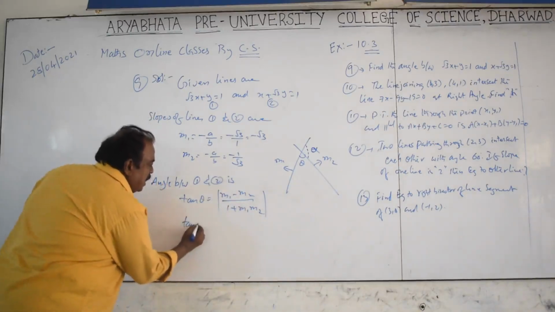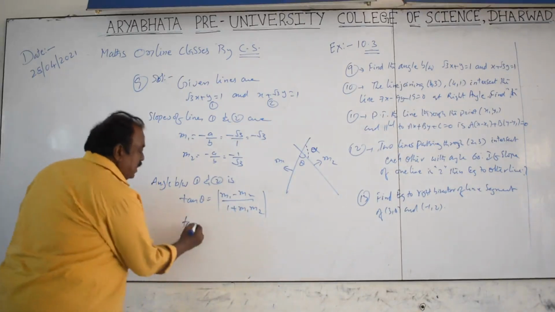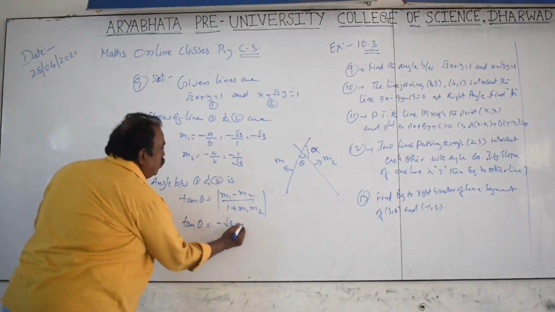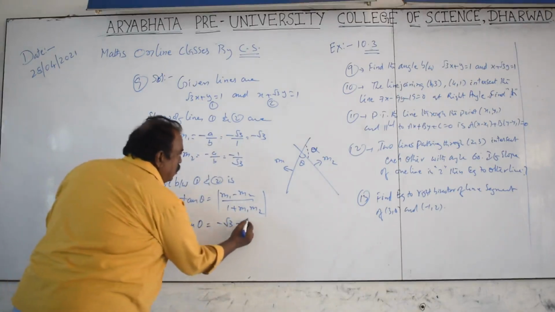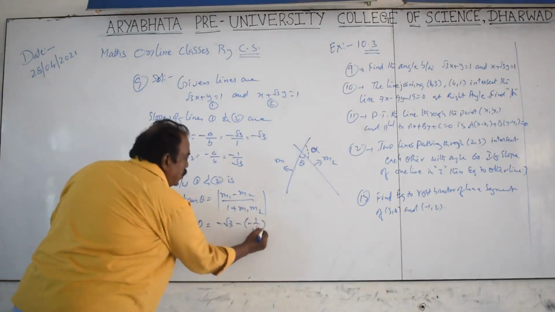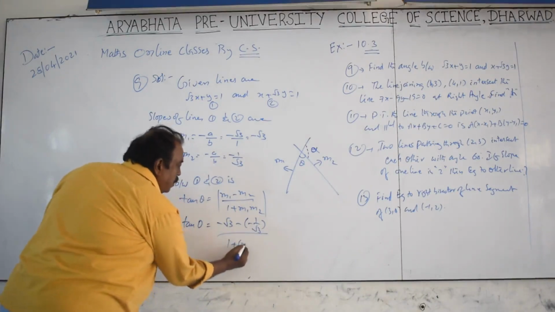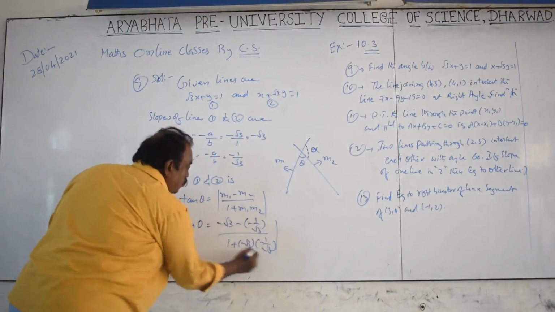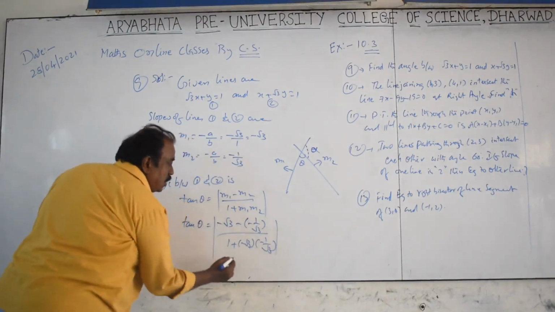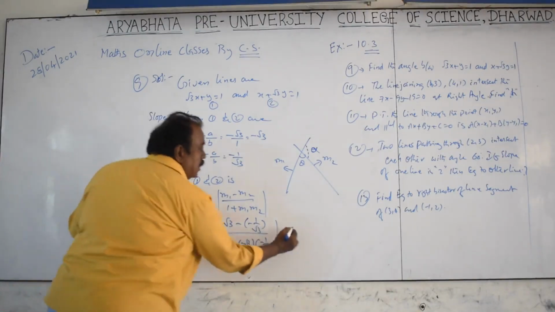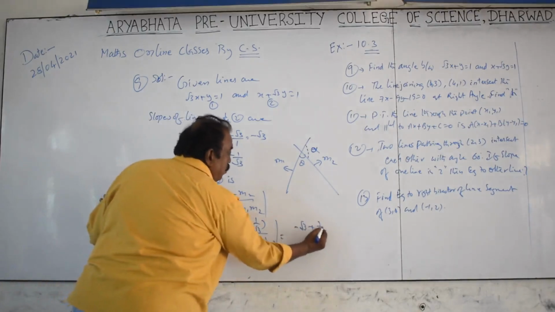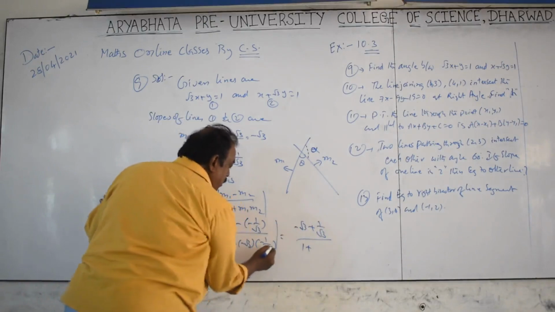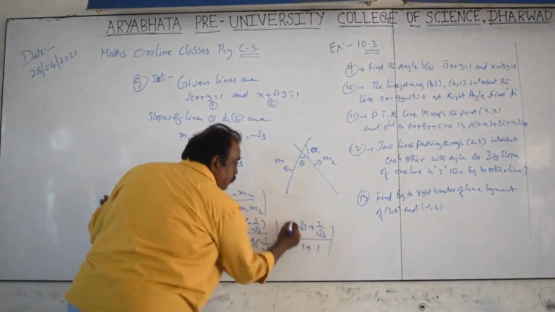But here we have to find tan theta is equal to, m1 is minus root 3, m2 is minus 1 by root 3, by 1 plus minus root 3 into minus 1 by root 3. It is minus root 3 plus 1 by root 3 by 1 plus 1 only.